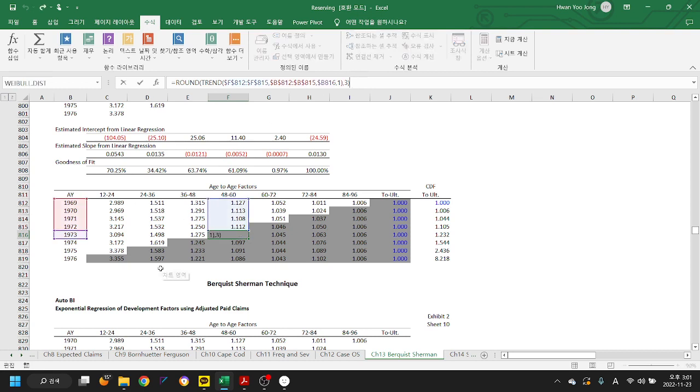For example, you apply the linear regression, where the independent variable is all the accident years that you have the historical data, right? So this is the response variable, and this is the independent variable, and you get the intercept and slope, and you apply the 1973 prediction.